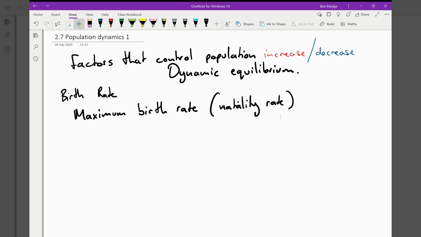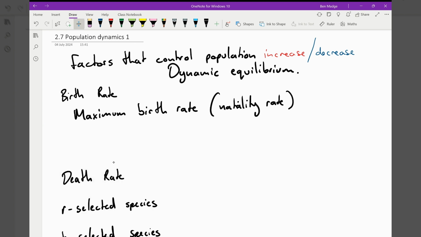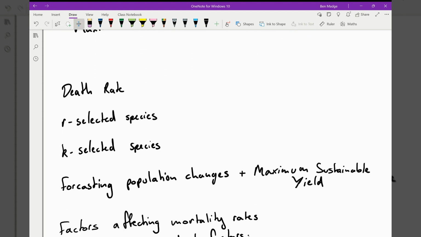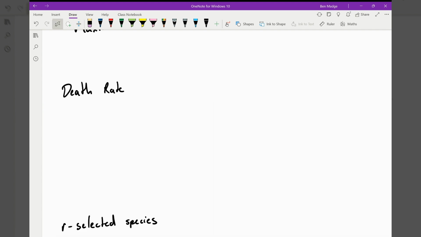So in relation then to birth rate, we have our death rate. And this is the number of individuals per period of time which are dying off. It's also called the mortality rate. So you can see how that's related to the one above.